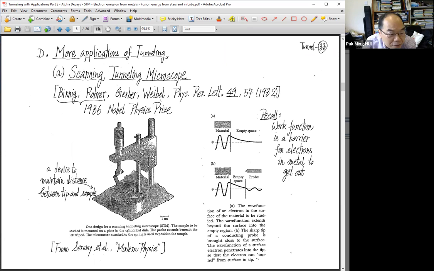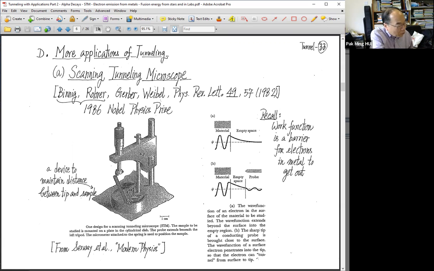How close? A few angstroms, down to that precision, so that electrons can tunnel through the air gap, either from the pen to the material or from the material to the pen.